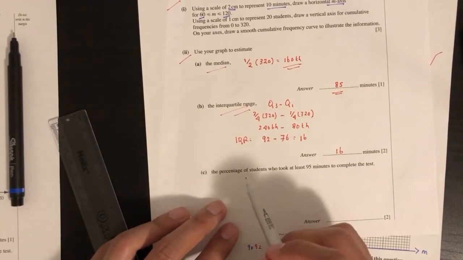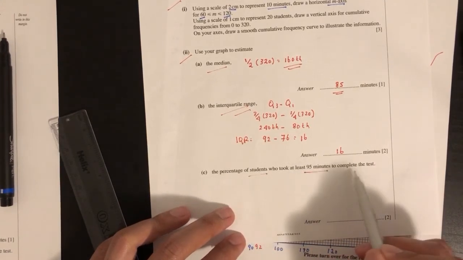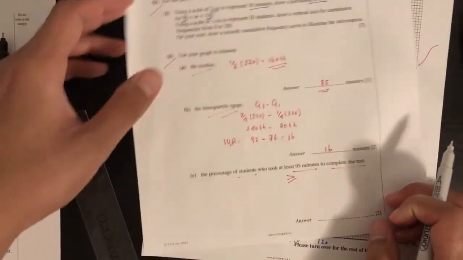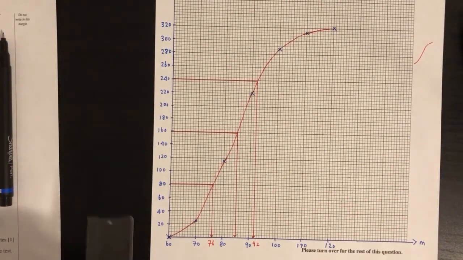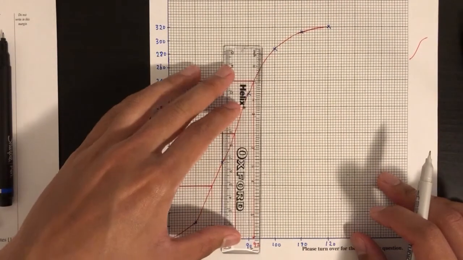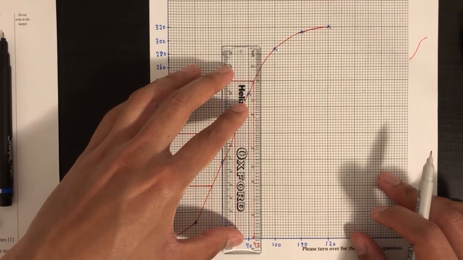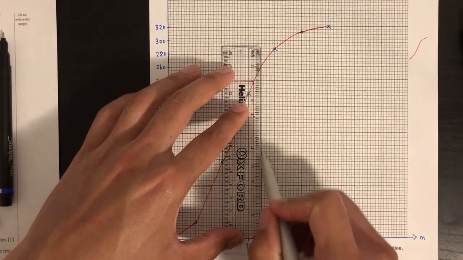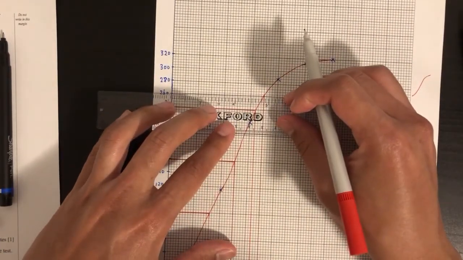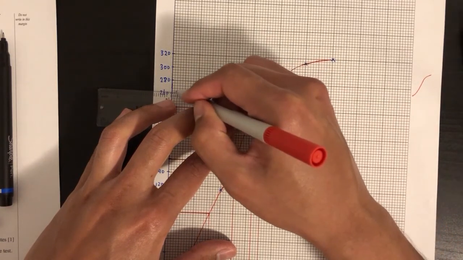Now for part C, find the percentage of students who took at least 95 minutes to complete the test. At least will be more or equal. So let's find that. The number of people. So we'll go on this because this is minutes. So 95 minutes. It should be on this line. So we'll find the corresponding value for these number of people. So for me, I have 264 people.